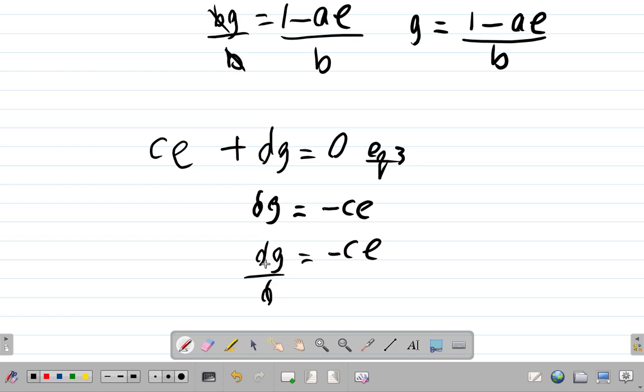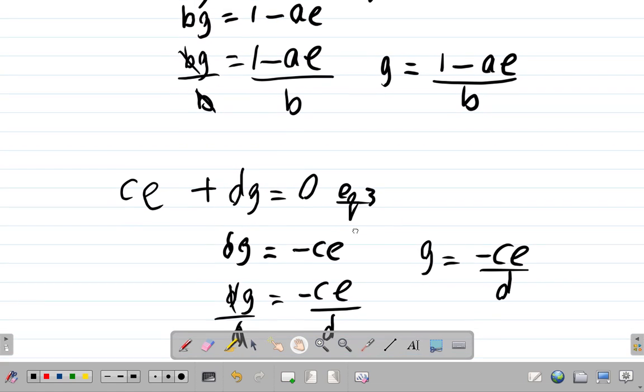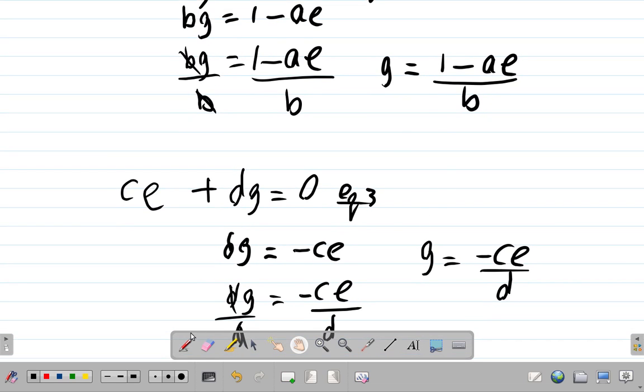We divide here by D, D cancels itself, and we divide here by D. So G is equal to negative CE divided by D. Alright. Now, let's look at this. The fact is G is equal to G. You see that? G is equal to G.